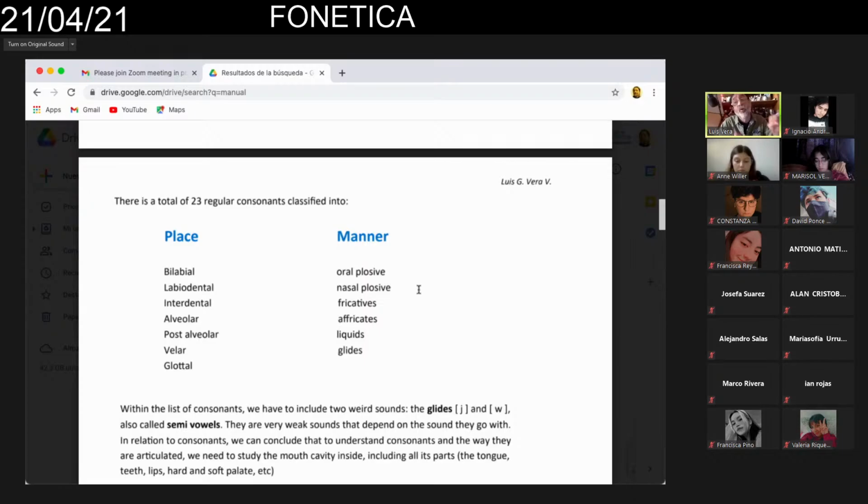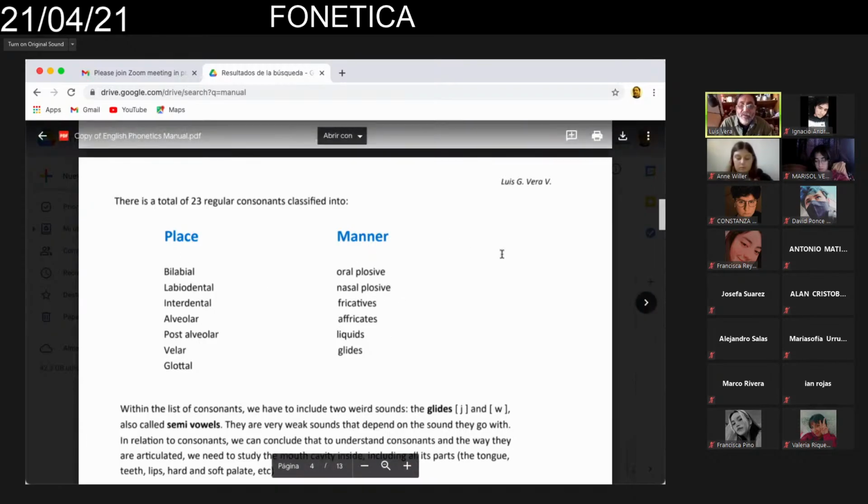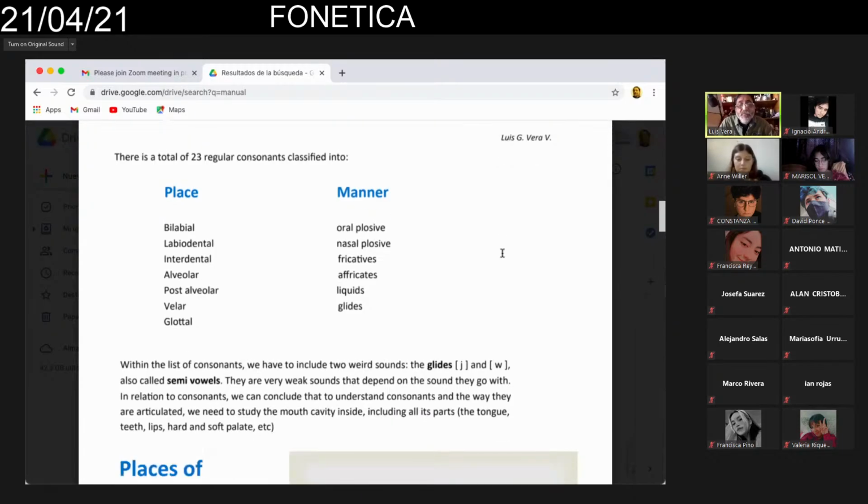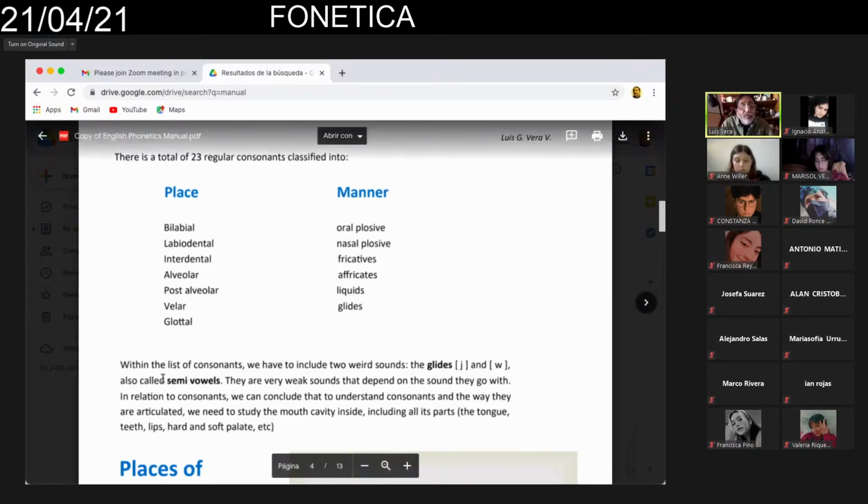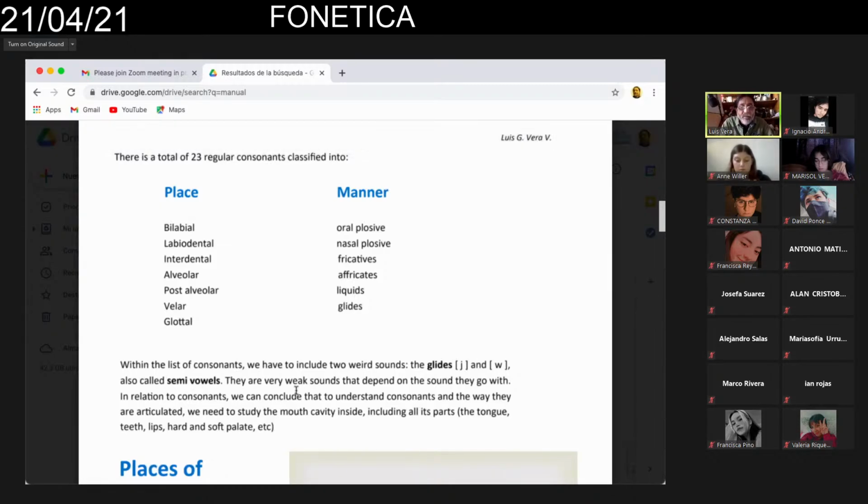Nasal plosive or stop, fricatives, affricates, liquids, and glides. Within the list of consonants, we have to include two weird sounds, the glides, yod and wau, also called semivowels. They are very weak sounds that depend on the sound they go with.